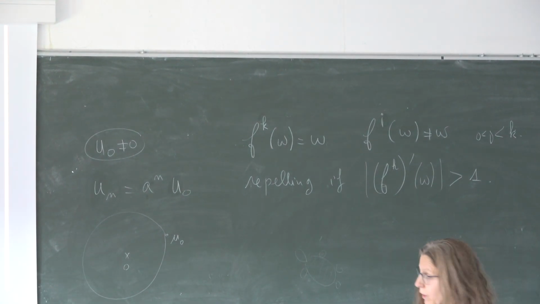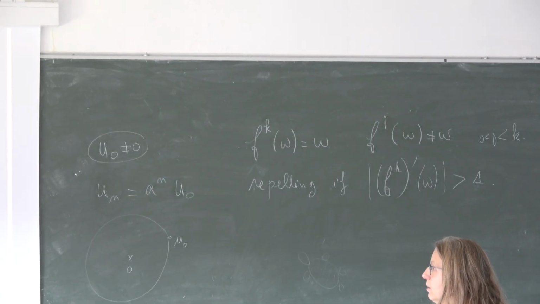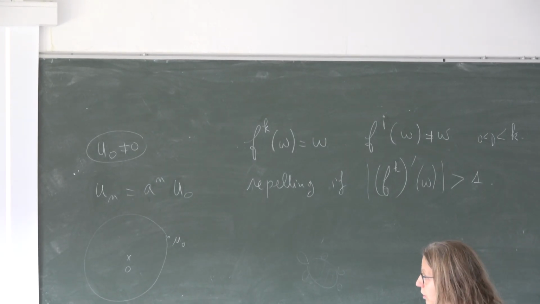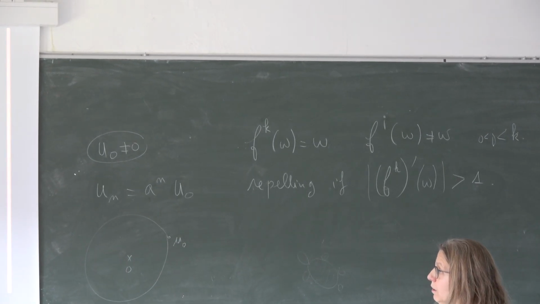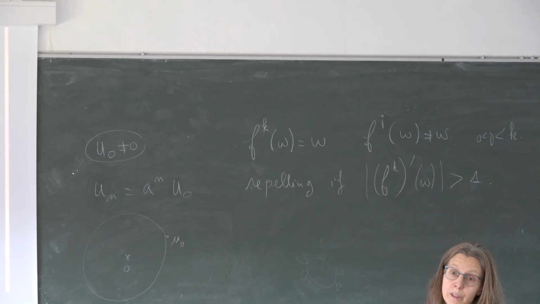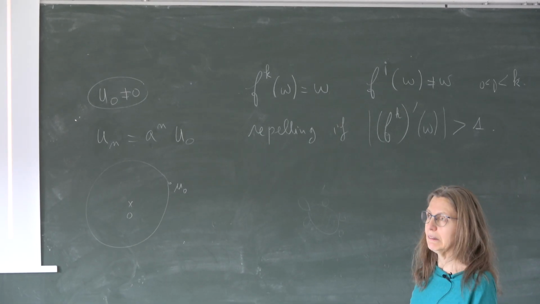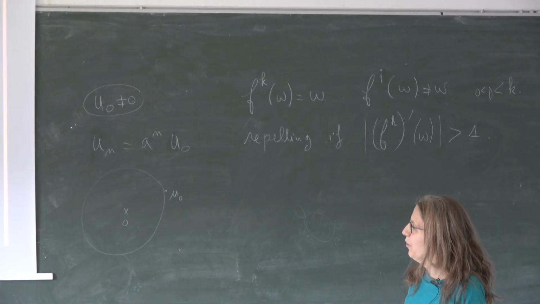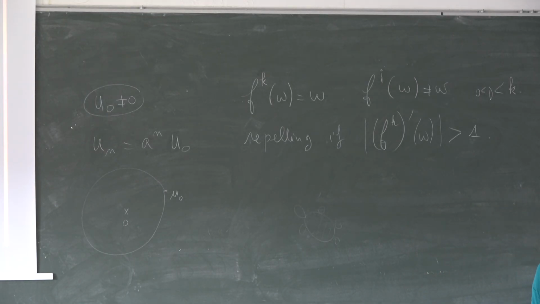You have a classification, it's due to Fatou and Sullivan. If you start in a connected component, either you converge to a fixed point inside the Fatou set, or you converge to a fixed point, up to iteration, on the boundary, so in the Julia set, or you can turn like a rotation on a topological disk.